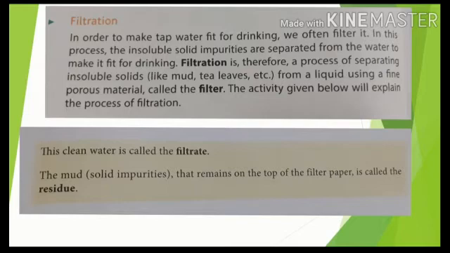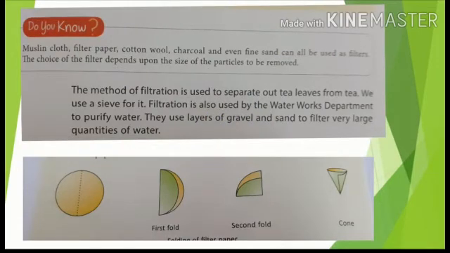In order to make tap water fit for drinking, we often filter it. In this process, the insoluble solid impurities are separated from the water to make it fit for drinking. Filtration is therefore a process of separating insoluble solids from the mixture.